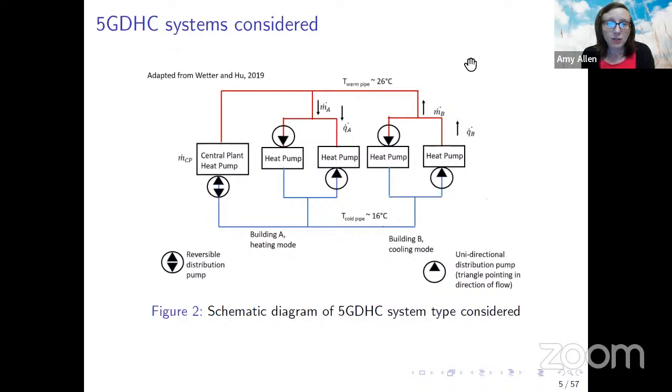And this characteristic of the systems both complicates their design and also creates an opportunity for potential savings from network topology optimization.